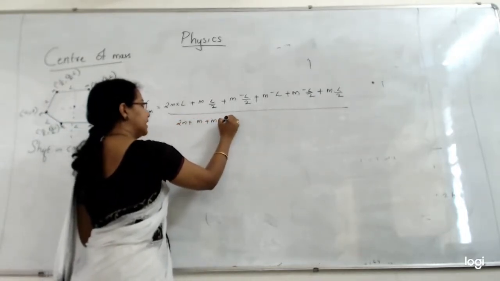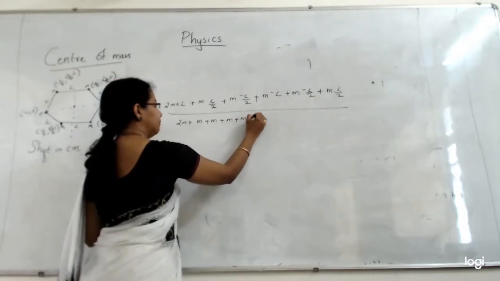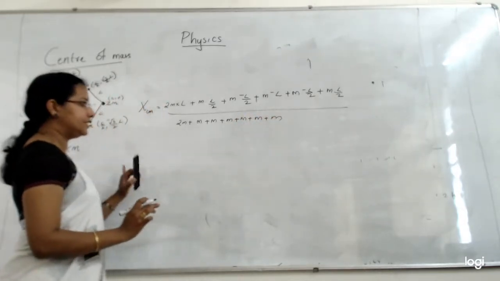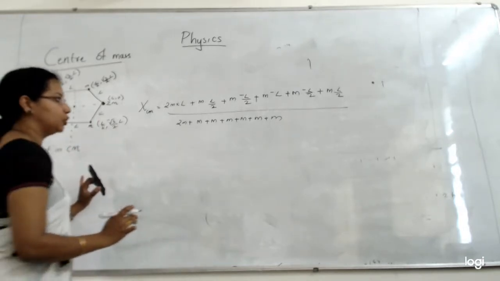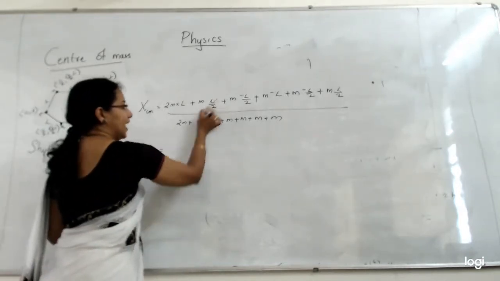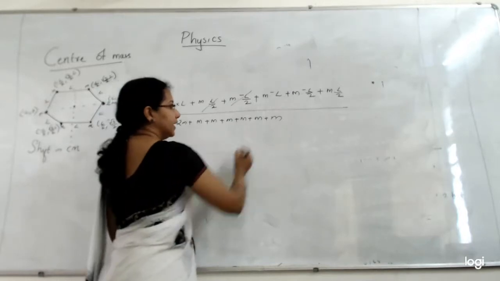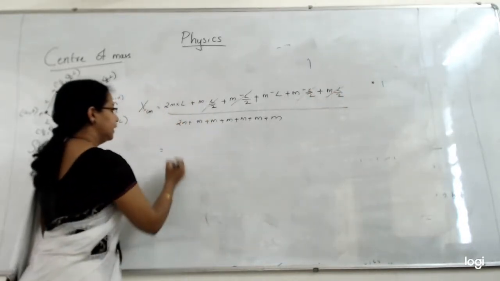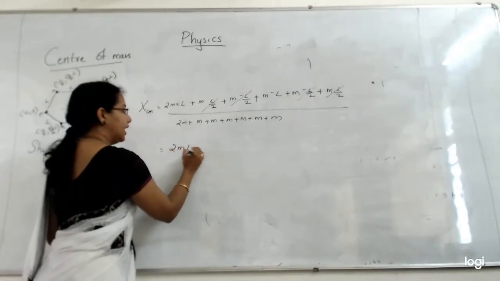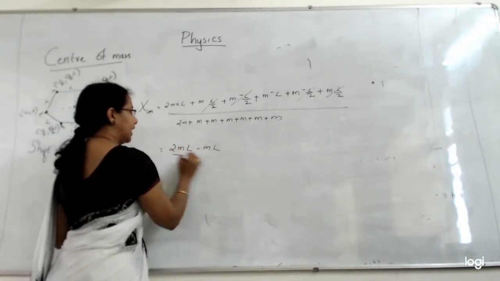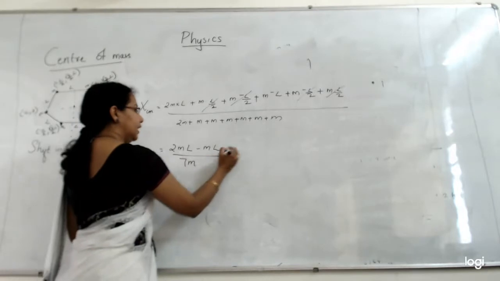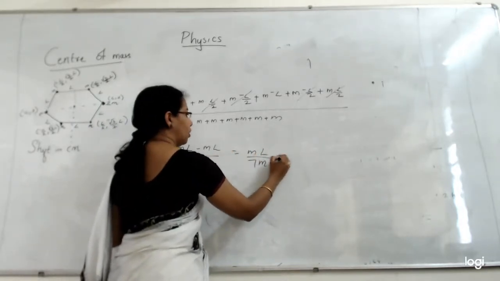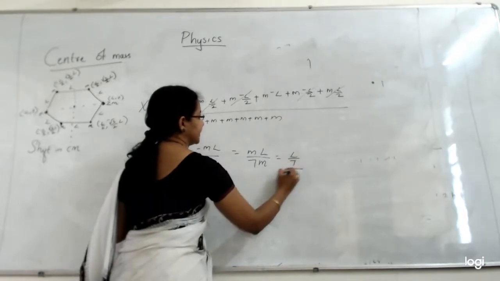How many m's should be there? Totally 6, one more mass, so 7m should come. This L by 2 minus L by 2 cancels, then this L by 2 minus L by 2 cancels. So I can write 2mL minus mL by 7m, that is mL by 7m. So the answer is nothing but L by 7.